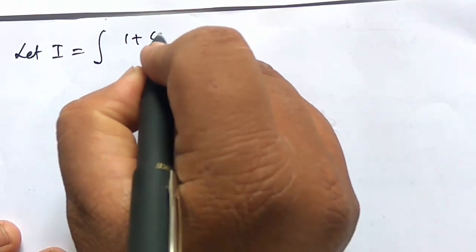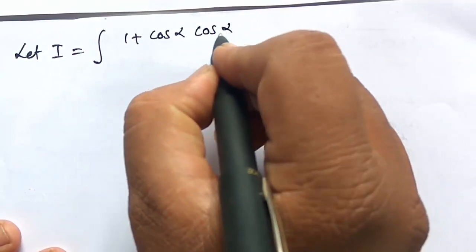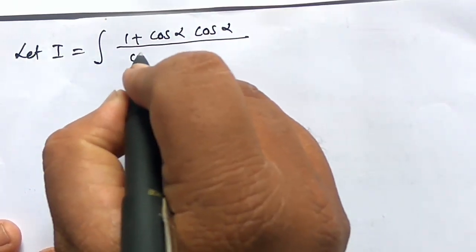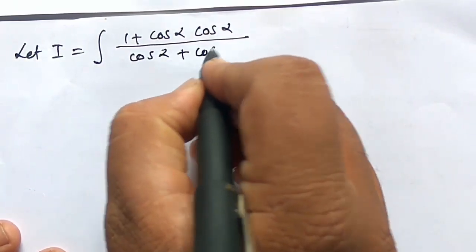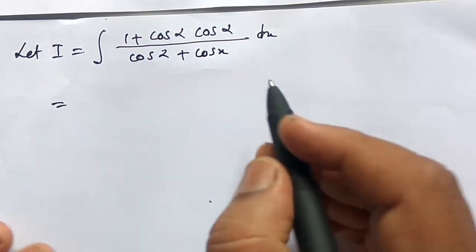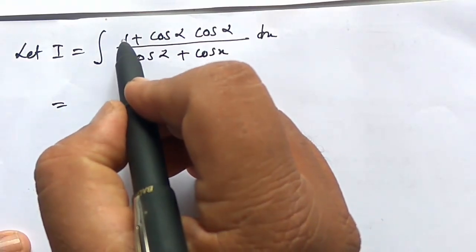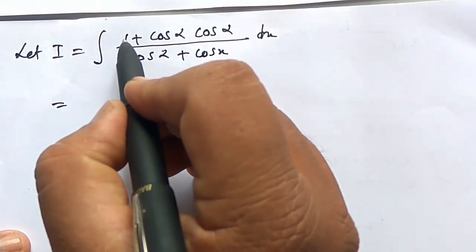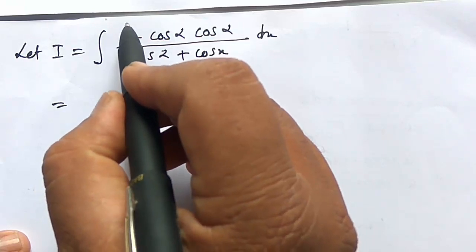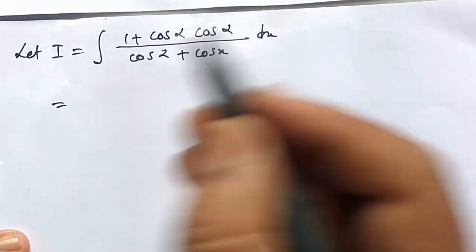So let I is equal to integration of (1 plus cos alpha cos x) upon (cos alpha plus cos x) dx. Now here we substitute 1 by the fundamental trigonometric identity, cos square alpha plus sin square alpha is equal to 1.